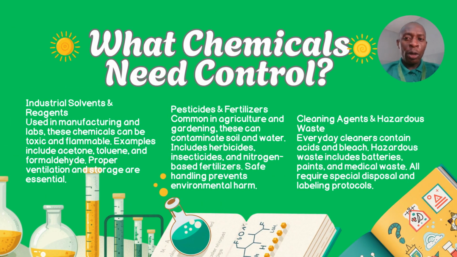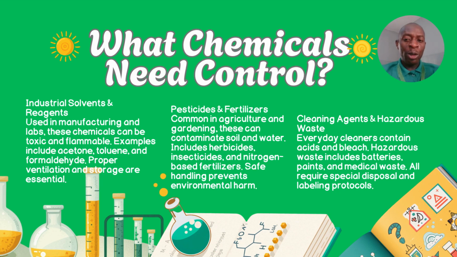What chemicals need to be controlled? We have toxic chemicals that cause poison or illness. And we have flammable chemicals, which easily catch fire, like kerosene, petrol and gas.